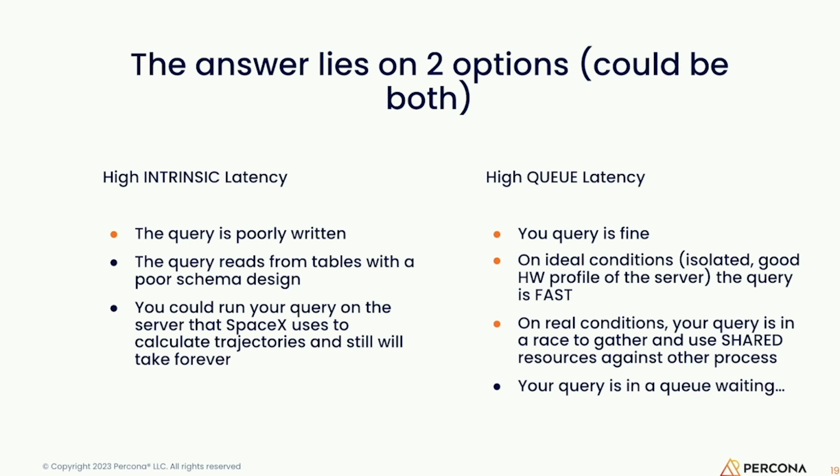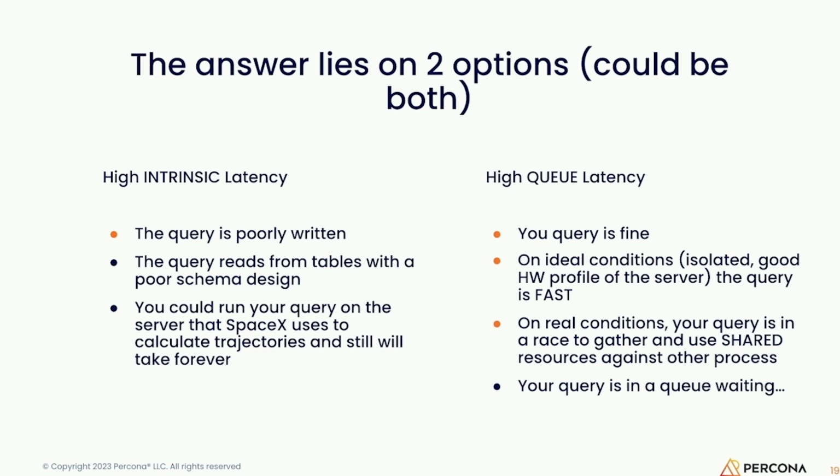The intrinsic one is when the query is poorly written by itself, right? The query reads from tables that don't have a proper schema design. You're storing numbers in a varchar or stuff like that, or you're not using indexes properly.